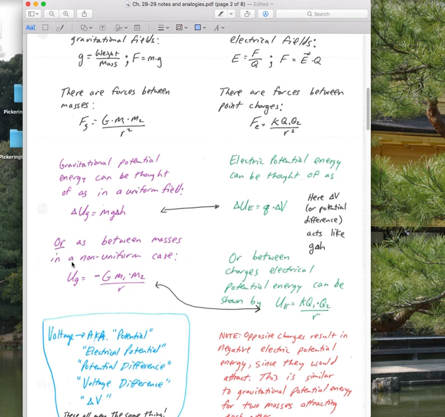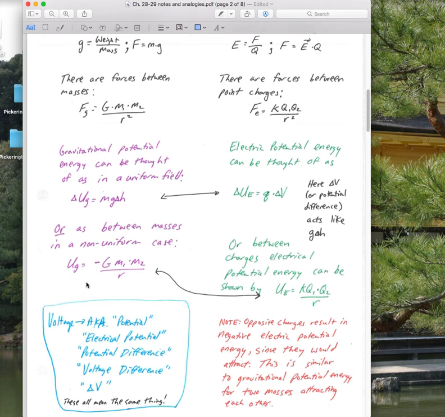If you have potential energy between masses in a non-uniform case, where we do not have a uniform field, this is on our mechanics formula sheet. Why is it negative? Because masses are always attracting each other. And when you have objects that attract each other, we have negative potential energy.